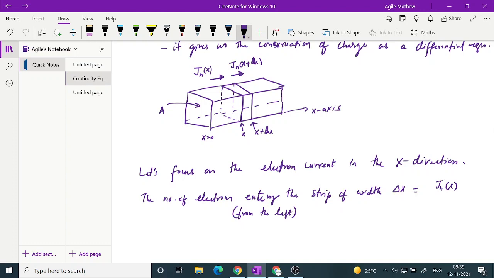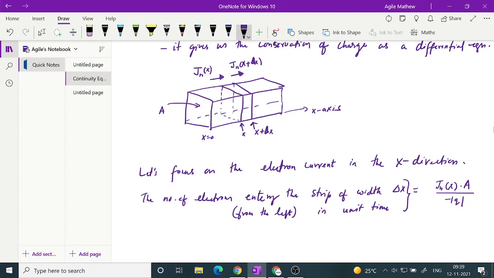What will be the number? This is current density, and current density, when you multiply with area, you get the total current, that is I of x, and then if you divide it by the charge, here the charge of the electron is minus q, then you will get the number of electrons entering the strip of width delta x in unit time. So this is what we call the total number of electrons entering into the strip.